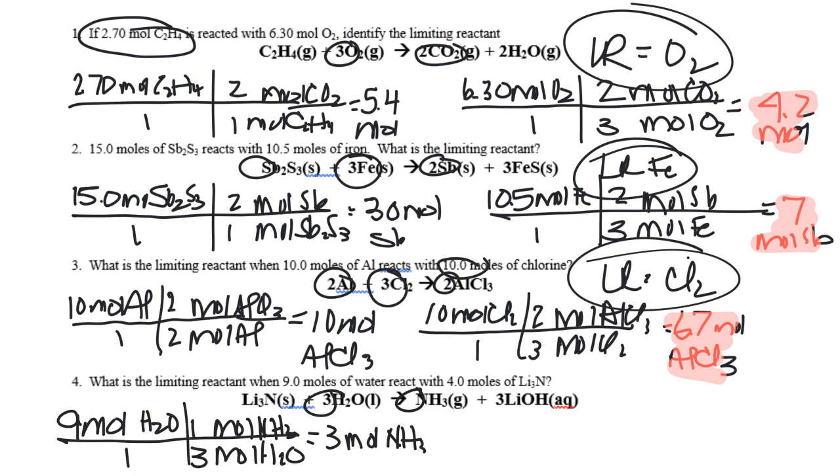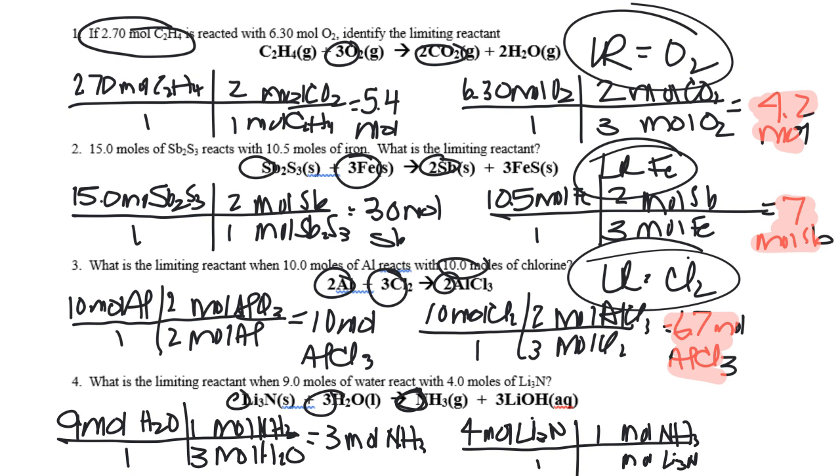Now I have 4 moles of Li3N. Moles of Li3N comes down. I'm going to go to moles of NH3. Again, 1 next to NH3, 1 next to Li3N.